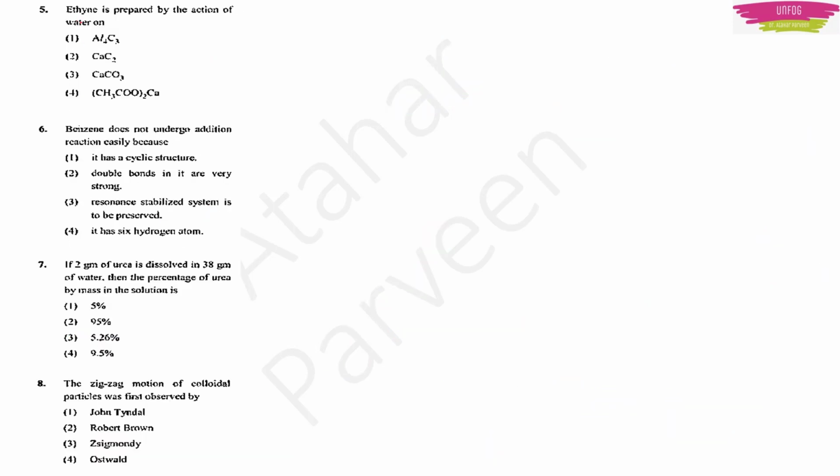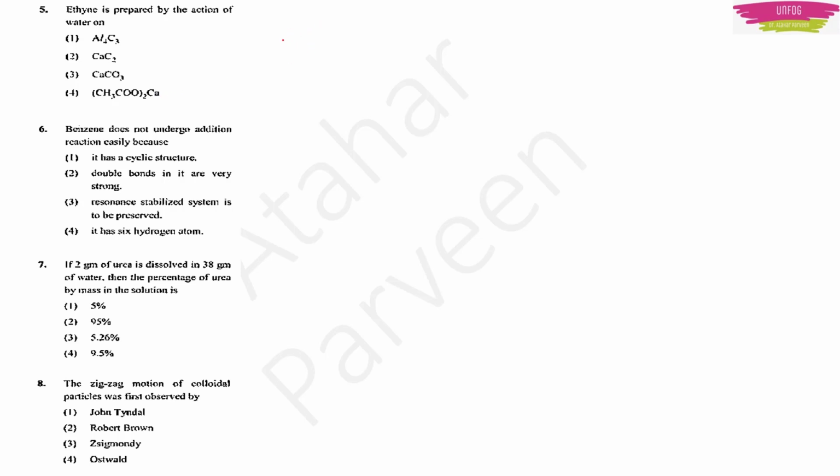So the next, fifth question we have is, ethyne is prepared by the action of water on. The options we have are Al4C3, CaC2, CaCO3 and (CH3COO)2Ca.